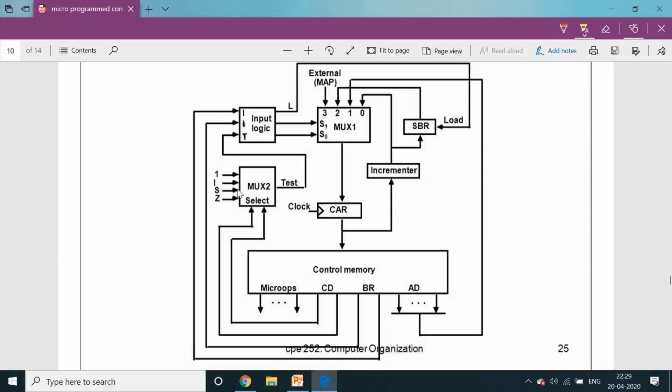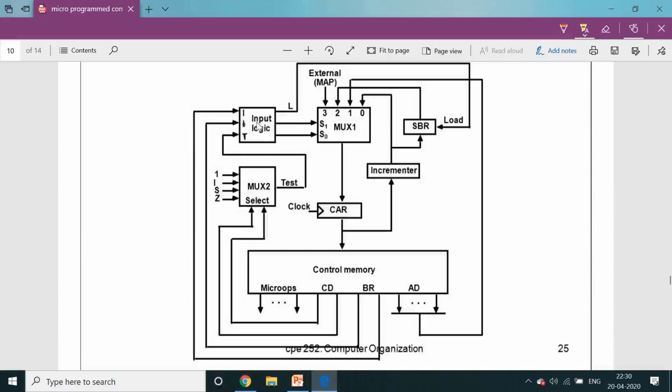If they are 1 1, the zero status bit is connected to the test. Only if the test equals 1 will this input logic be enabled.